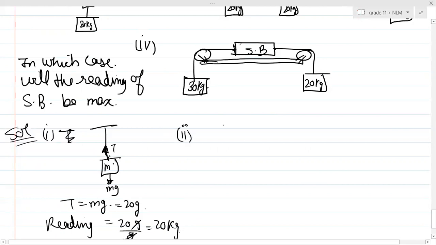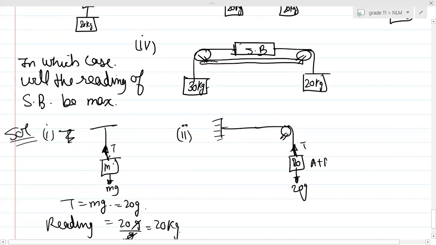In the second question, you will assume it to be connected like this. Can you see in all the cases I'm just removing the string? So 20g acting downwards, T acting upward. Will there be any motion of the block?